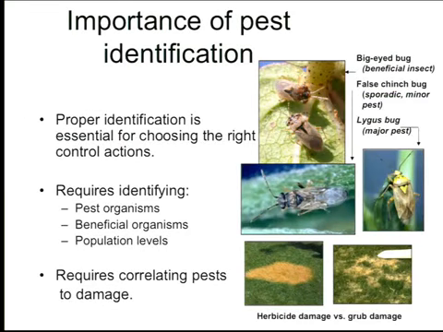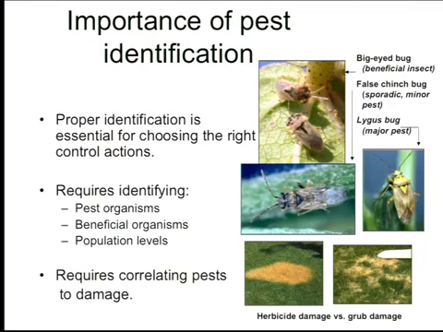So proper identification is essential for the right control actions. The way to diagnose the problem is not only by the symptoms, but by what is causing the problem. The correct identification requires identifying the pest organism, the population levels, and the beneficial levels, and the beneficial organism.